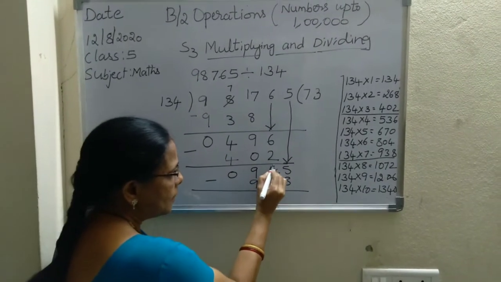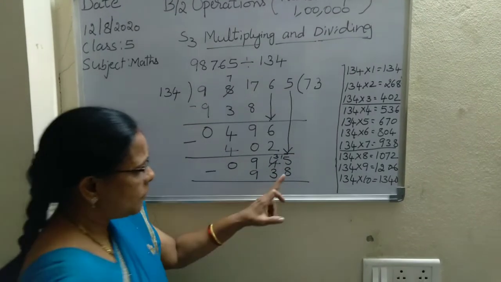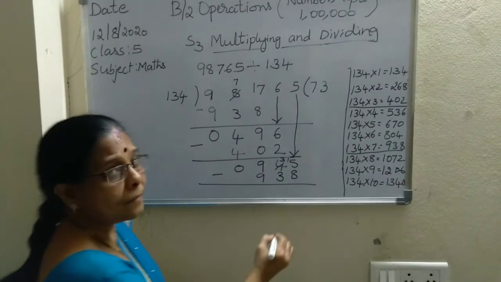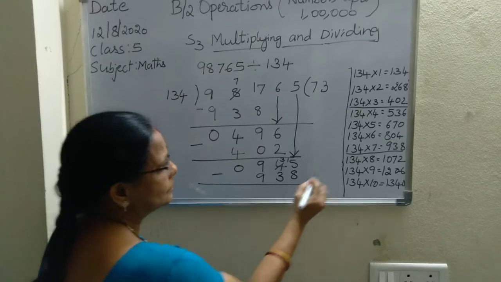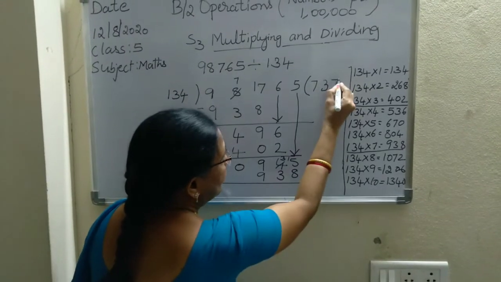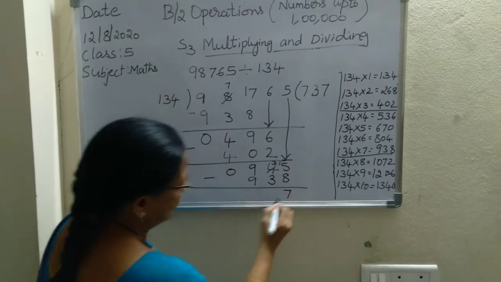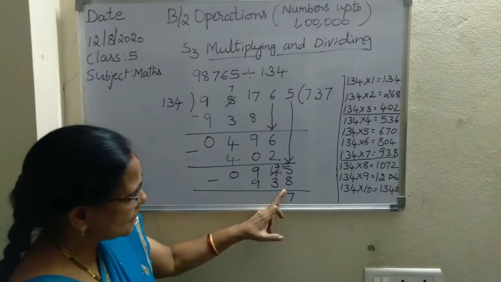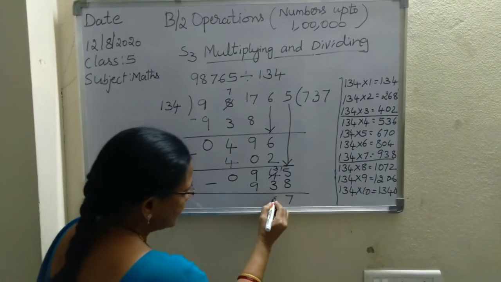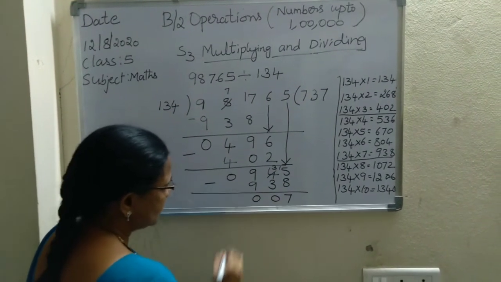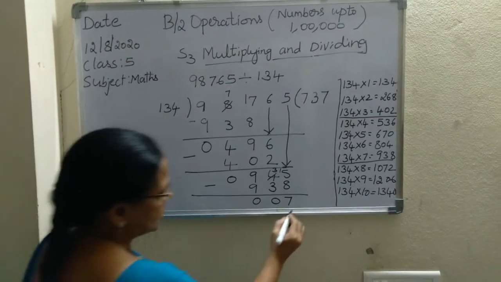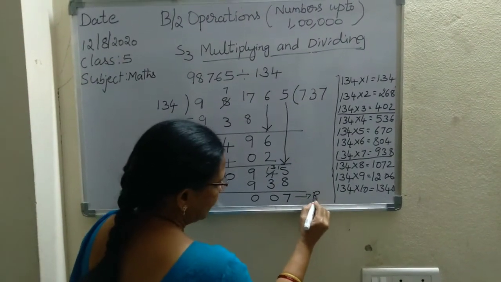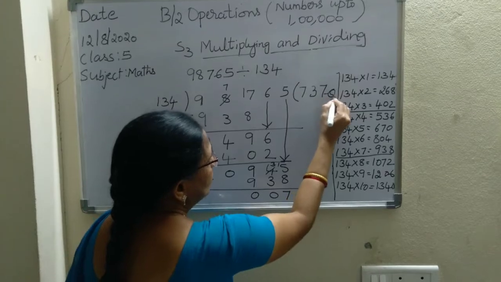Now take borrow from 4. 15 minus 8 is 7. 3 minus 3 is 0. 9 minus 9 is 0. Here it is called the remainder. This is the quotient.